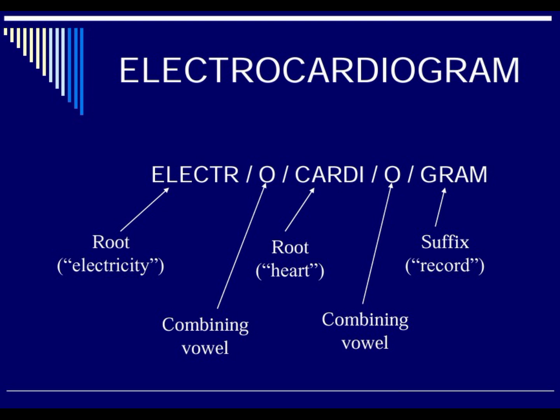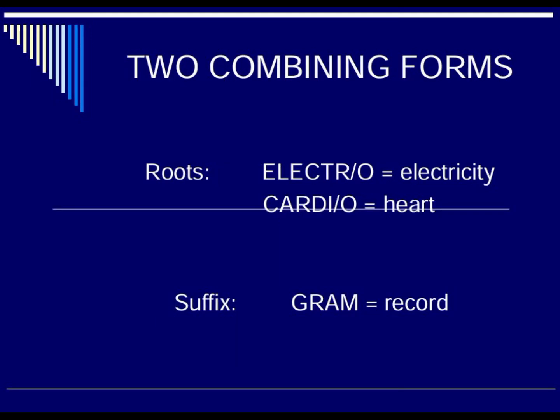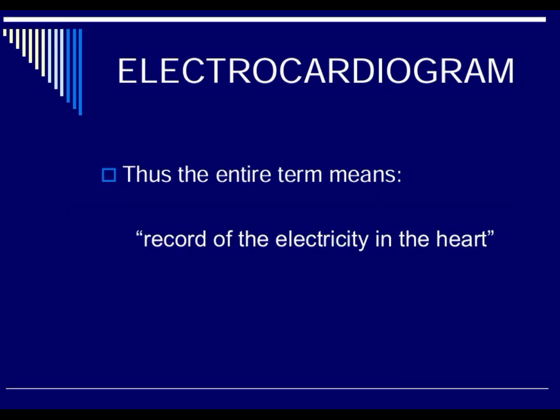Here you have two combining vowels. I think now you get a better understanding. Electro plus cardio: you have two roots and two combining vowels. These are combining forms. Thus, the entire term electrocardiogram means the electrical activity of the heart.